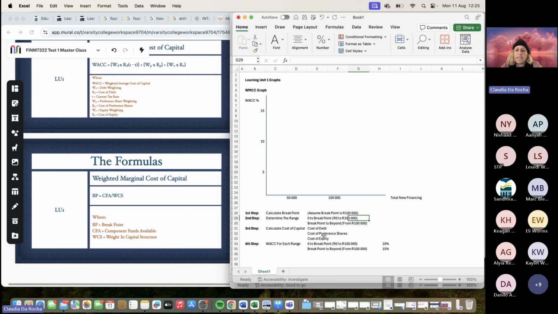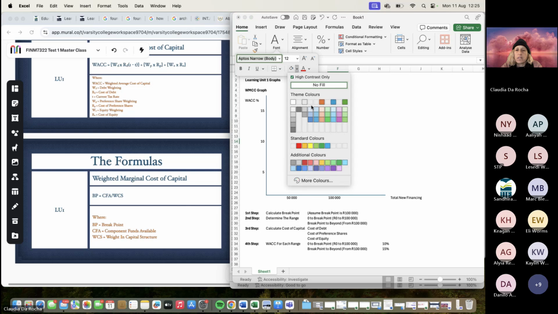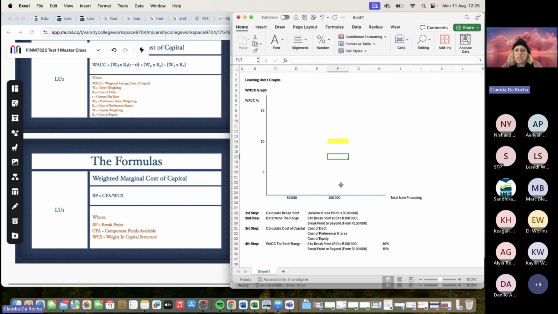So what I'm going to say is when the break point is, or the range is from 0 to 100,000, it means at this point where I have 100,000 and my WACC is 10, I'm going to draw a line. So here is my little, let's say this is my point.